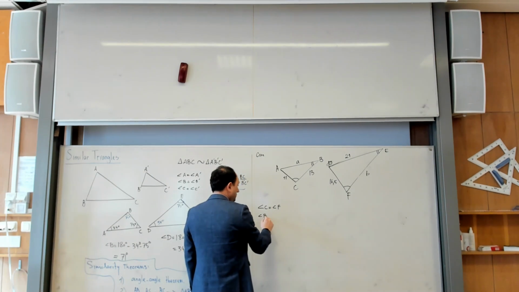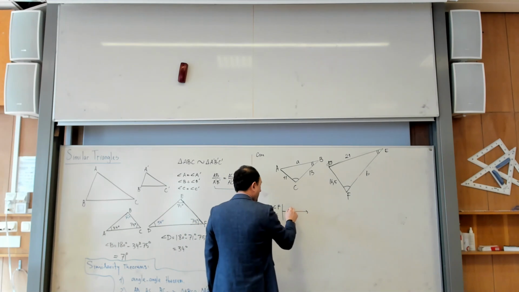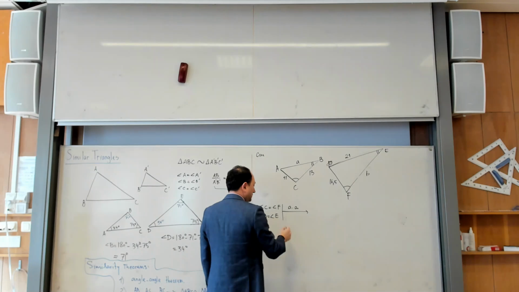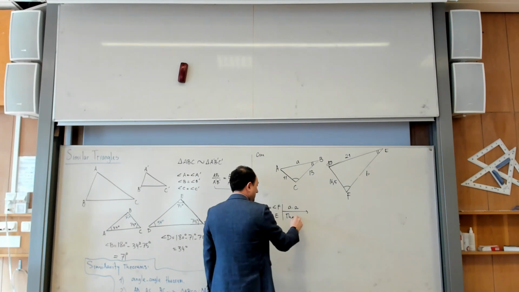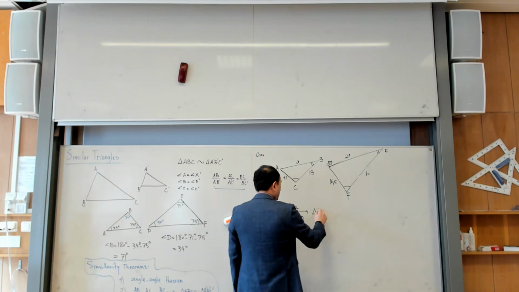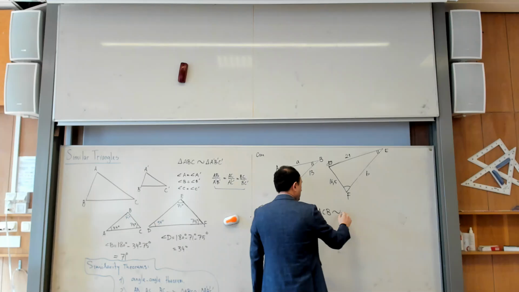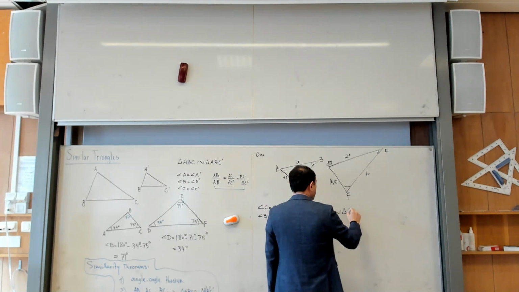Angle B is equal to angle E because you told me. Then, angle theorem, you can just simply write like this: angle theorem tells me that the triangle ACB is similar to the triangle DFE.